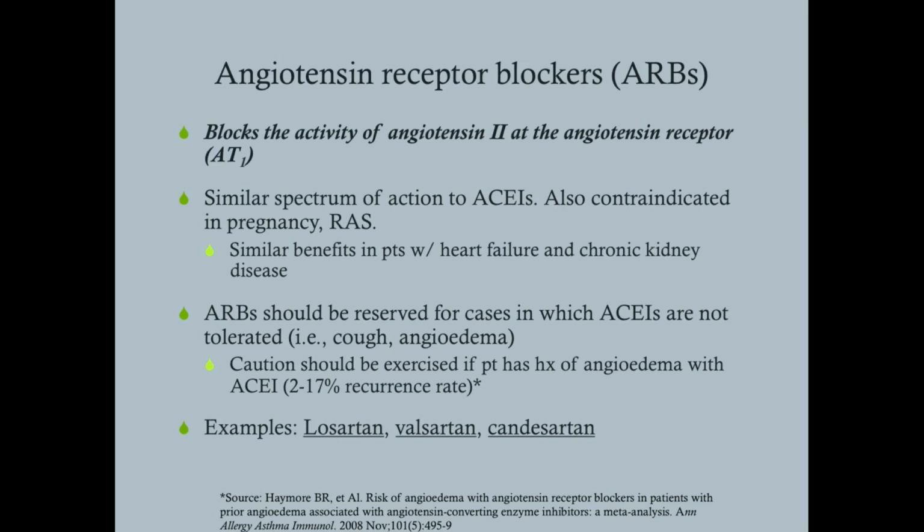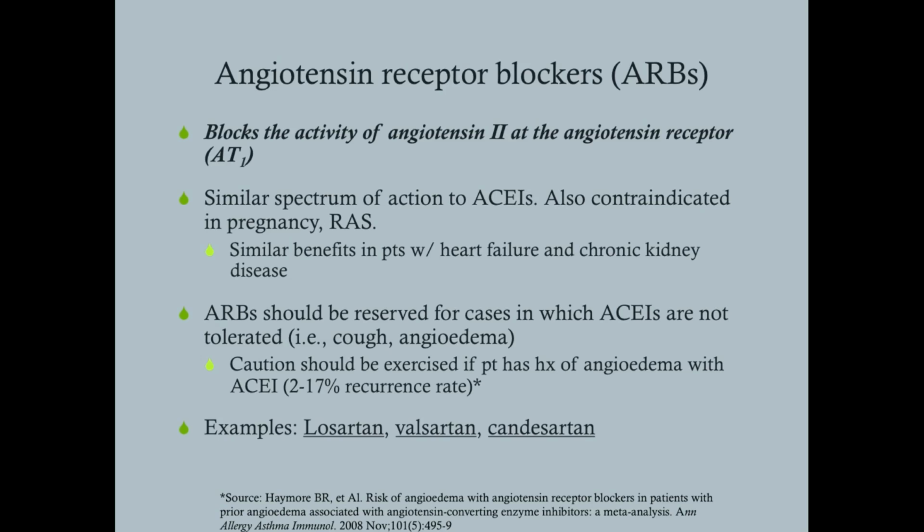Now, these medications are so good at reducing blood pressure and improving survival with heart attack and stuff like that, that we really do want to give these medications. And so what you'll probably do is just observe these patients. If they had angioedema, you can give them the angiotensin receptor blocker and observe them for a little while, make sure they don't develop angioedema.